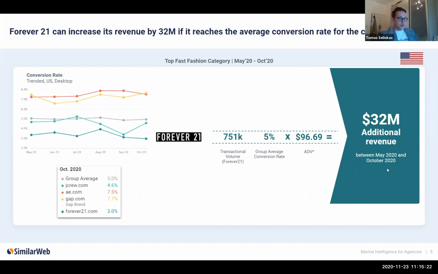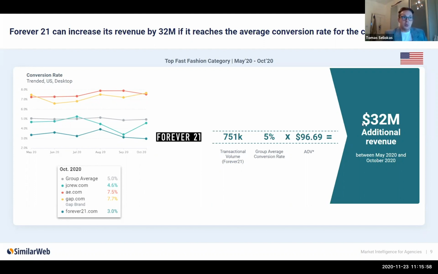So then if Forever 21 is your client and you want to understand what the problem is, maybe you're sending a lot of traffic there and you're working on the media strategy and marketing strategy, but it's not performing that well, and you see the decline, you can tell that the issue is not in the media activity, but actually in converting those customers. And then one of the things you can suggest is rebuilding the website, understanding the user flow in the website, and you can show the potential return on investment on just reaching or getting closer to the average conversion rate.